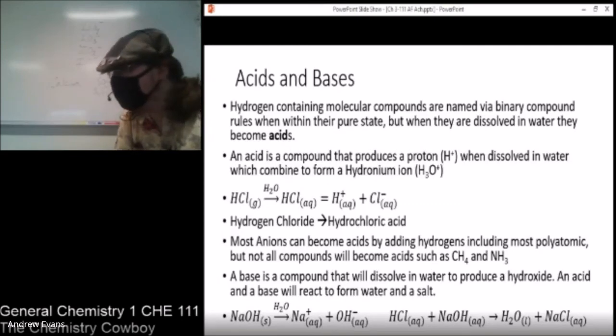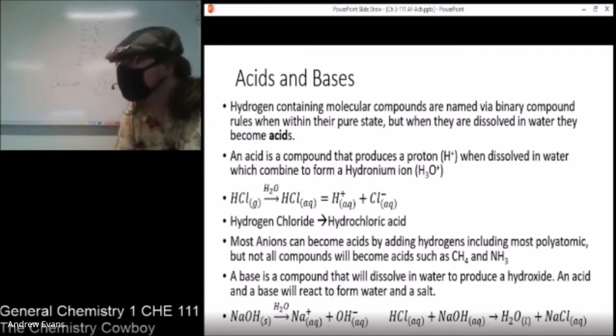So if I talked about HCl as a gas, we could call that hydrogen chloride or hydrogen monochloride. But when we dissolve this in water, it becomes a special compound, which is an acid. An acid is a compound that produces an H plus ion. An H plus, let's think about what is an H plus.